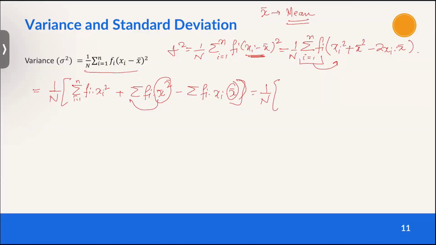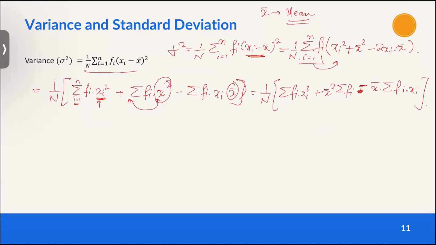Because it is constant. Okay. This is not constant. For each i, xi changes, but x bar doesn't change with i. Okay, this term is constant. So we'll take it out of the sum. So what we'll have, summation of fi times xi squared plus x bar squared summation of fi minus 2 x bar into summation of fi xi.